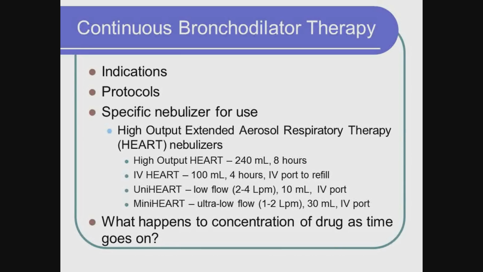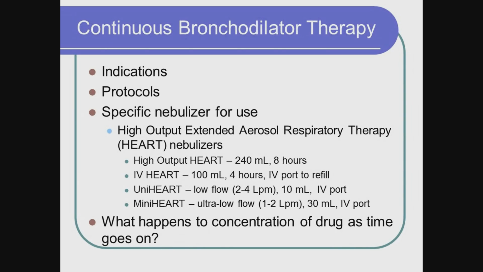A lot of ERs will have a protocol set up so when an asthmatic comes in whose first treatment doesn't break the bronchospasm that is present, they're going to go ahead and turn to a continuous nebulizer, where you have what are called HEART nebulizers, high output extended aerosol respiratory therapy.